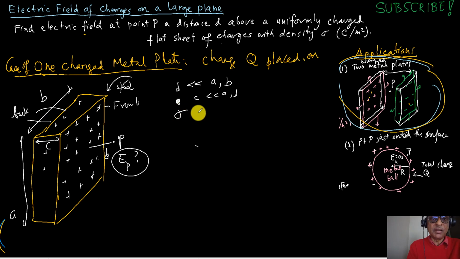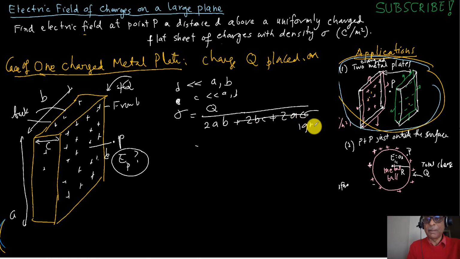The charge Q will be distributed over all the faces. You can say 2 times AB plus 2 times BC plus 2 times AC, and because I'm going to assume c to be small, we can ignore the others. So that's going to be sigma.